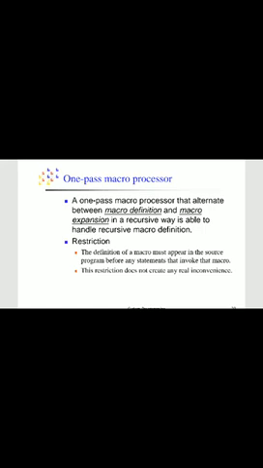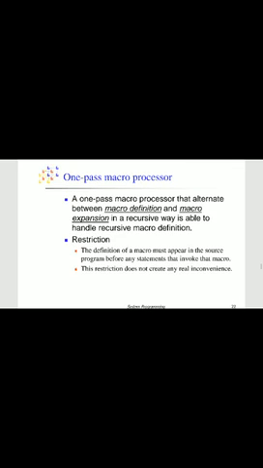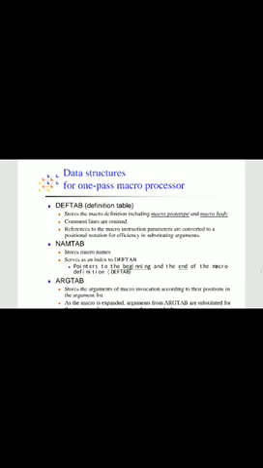See, now whenever you want to process this, a one pass macro processor alternates between macro definition and macro processing, but recursively we will be using a two pass macro processor. And whenever you are using a two pass macro processor, it is going to use some internal data structures.